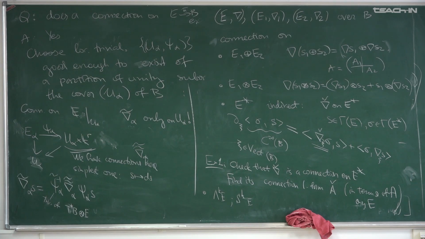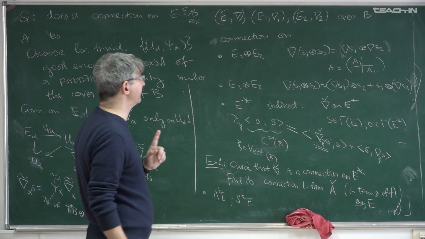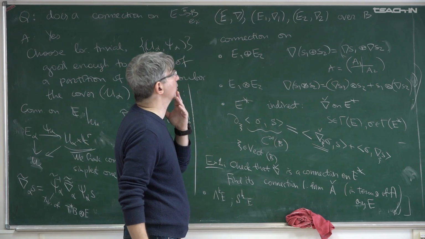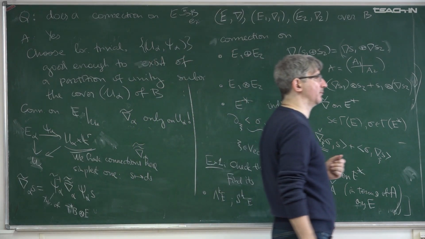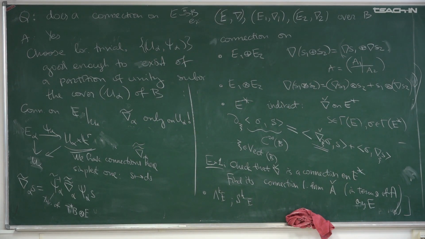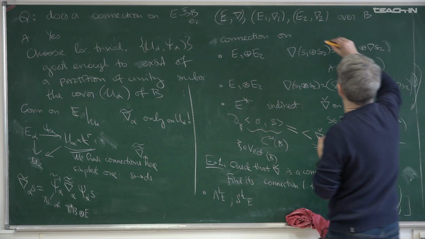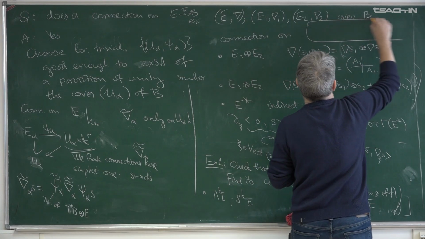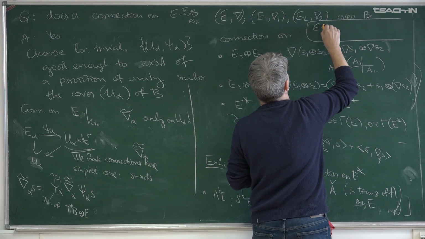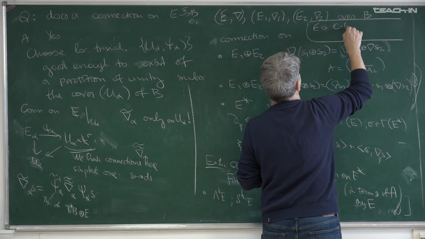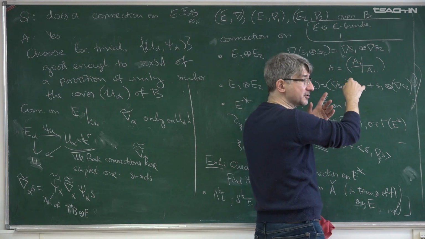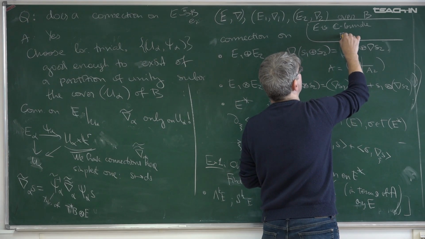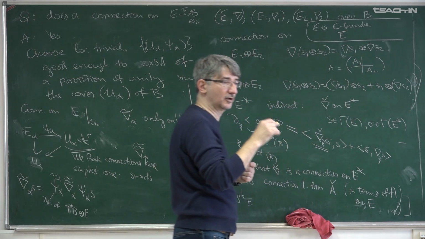There is only one thing which is left. We will speak about it when we discuss complex vector bundles in detail, because if you have a complex vector bundle, it has a fiber-wise complex structure, so then you can define E bar.